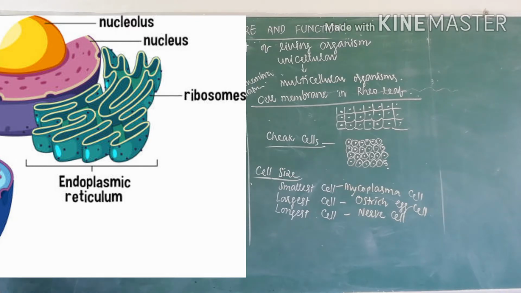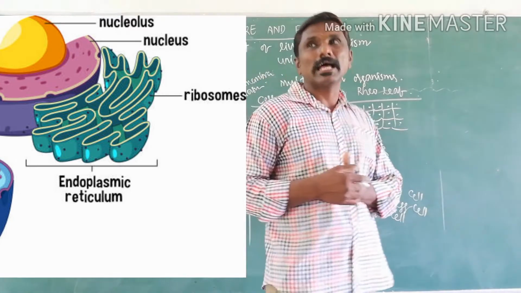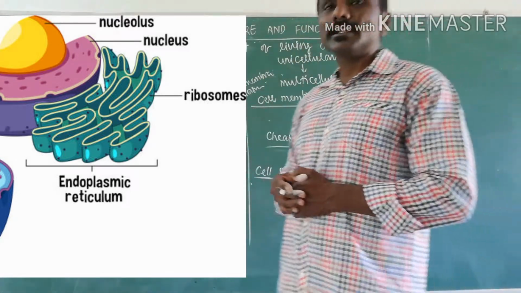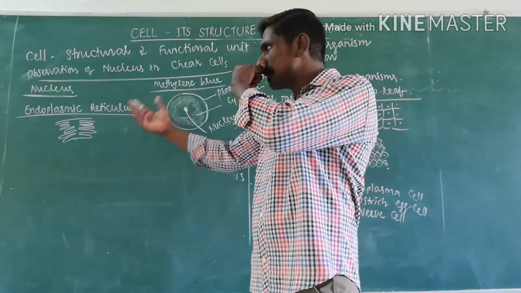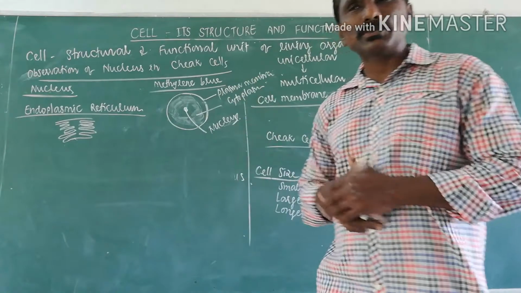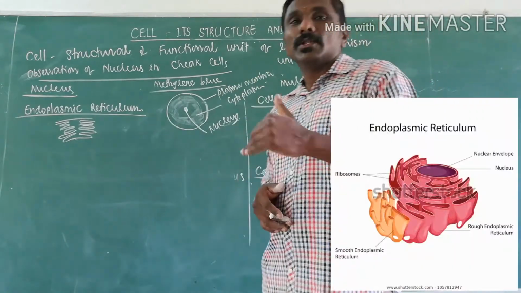Okay, so here a network of membranes arises from the plasma membrane, and this is the transport channel for the passage of various materials from the nucleus toward the plasma membrane, or from the plasma membrane toward the nucleus.